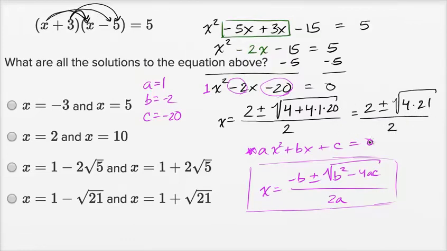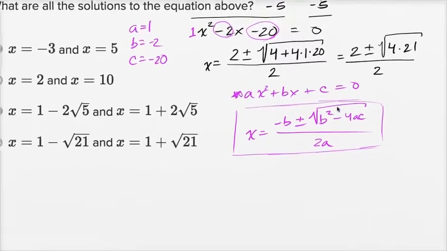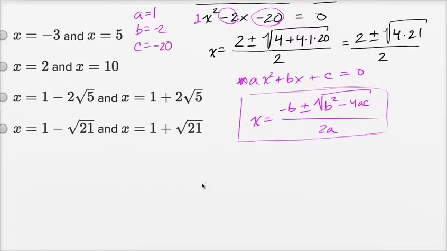I'll scroll down a little bit to get a little bit more space. x is going to be equal to 2 plus or minus the square root of 4 times the square root of 21, which of course is 2 times the square root of 21, all of that over 2.